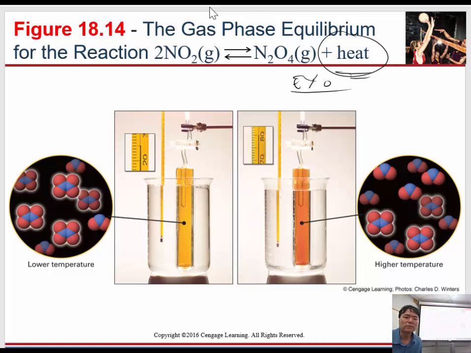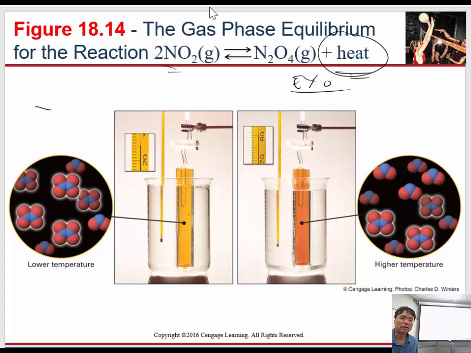The NO2 is brown. And so at lower temperature, we favor the N2O4. At higher temperature, we favor the NO2, which becomes more brown. Do you see? There's still brown here because there's some in the equilibrium. So this is kind of a balanced situation.